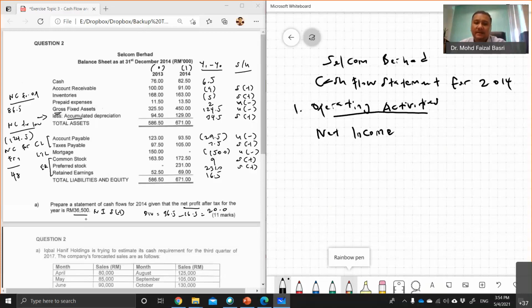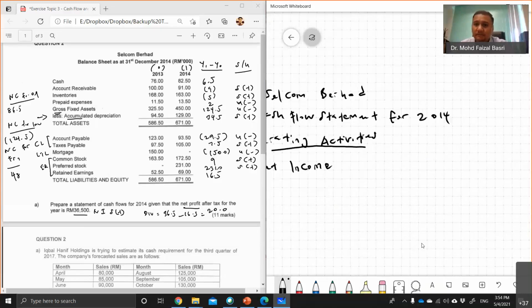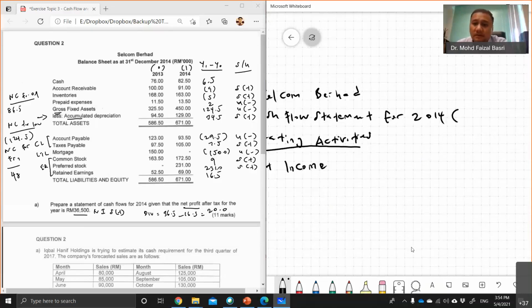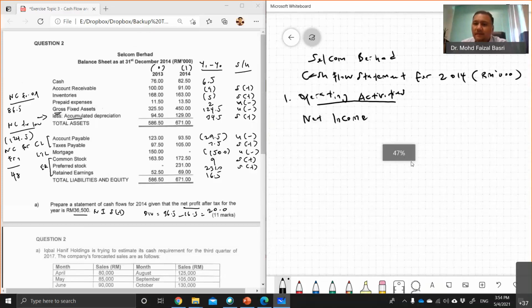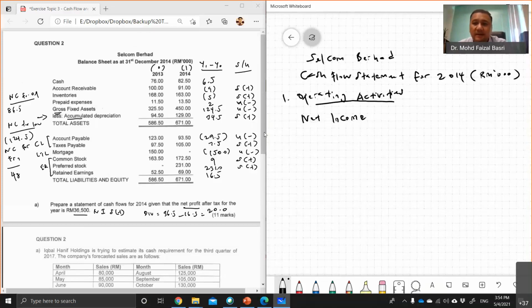36,500 ringgit. Since we are using the point form on top because of the thousands, we need to use the same format here.